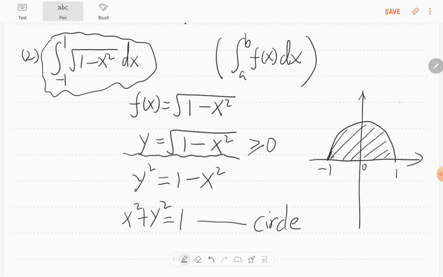The area of a circle is pi times r squared. R is equal to what? Equal to 1. So it's pi times 1 squared. This is the area for a circle. It's a semicircle, so it's 1/2 multiplied by that. So this one is equal to positive 1/2 pi.